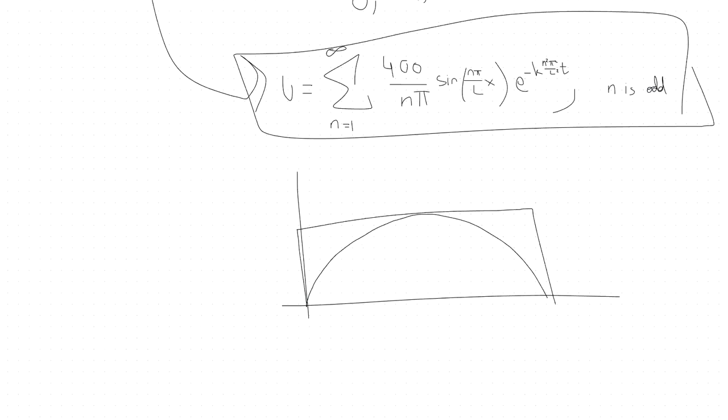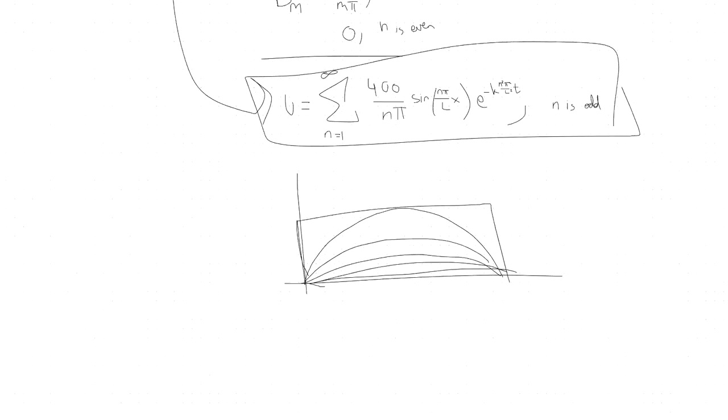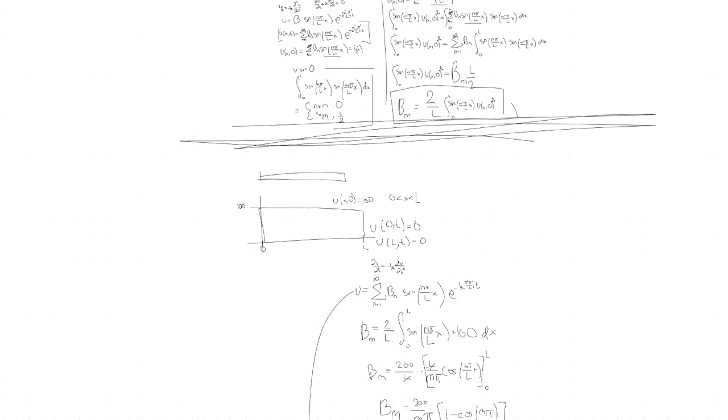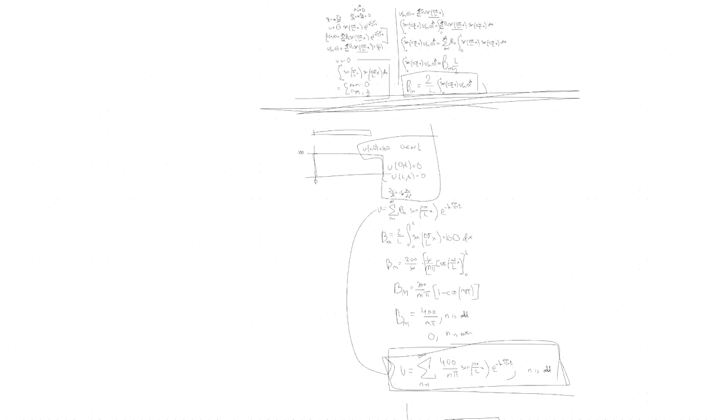And we can see that over time evolution, it will slowly start to asymptote, or decay, to 0. This is now the complete solution for our heat equation problem with the initial conditions that we gave. And now you can use the Fourier series combined with separation of variables to get the solution to the heat equation for any initial conditions.